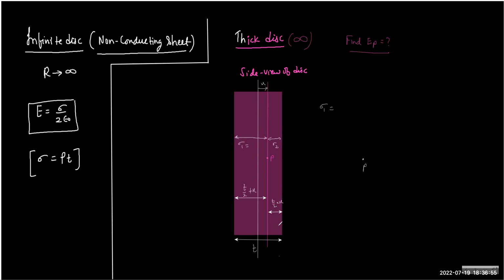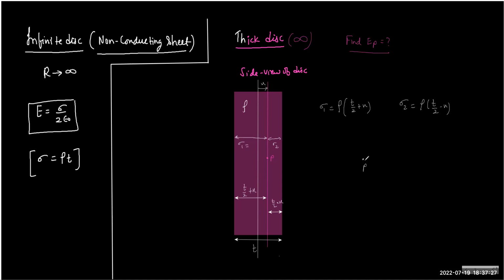Sigma, where volume charge density is given as rho, will be rho into thickness. What is the thickness? T by 2 plus x. Very good. So sigma 1 is rho into T by 2 plus x. So similarly, what is sigma 2? Rho into T by 2 minus x.